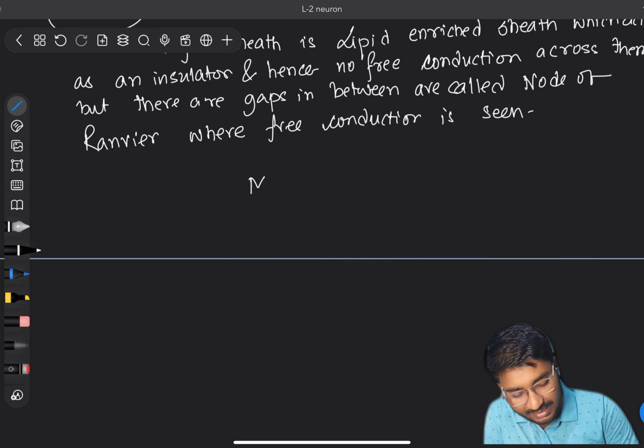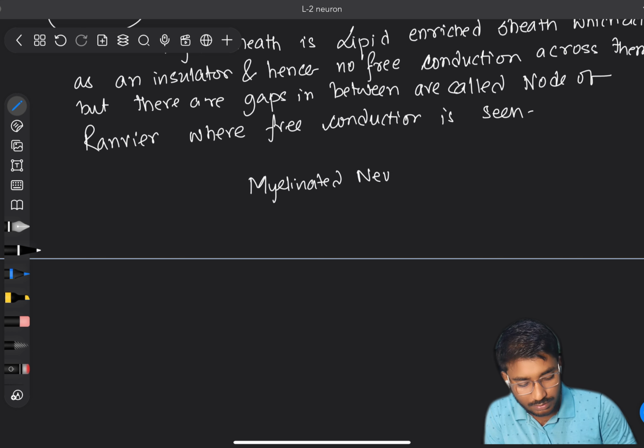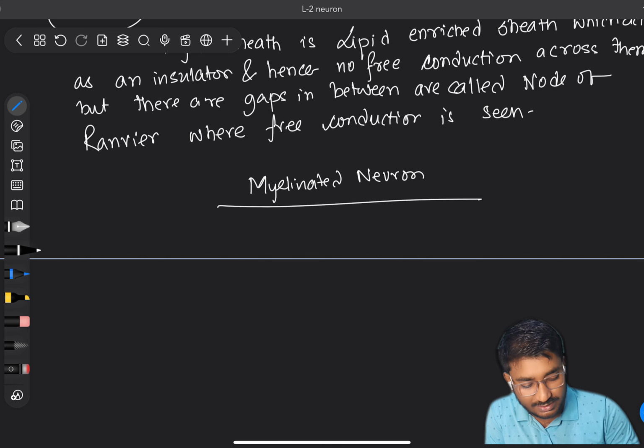A very important thing is the myelinated neuron. What's the importance in it?